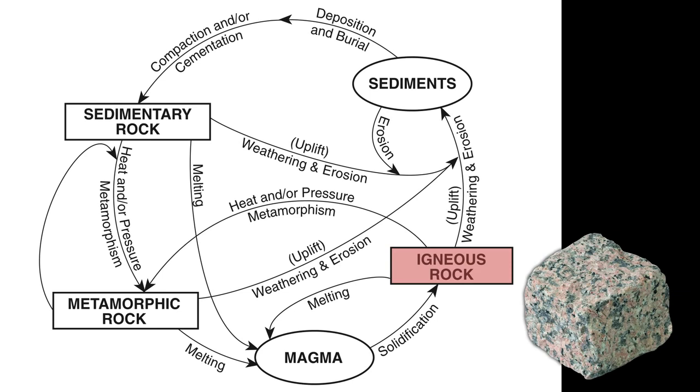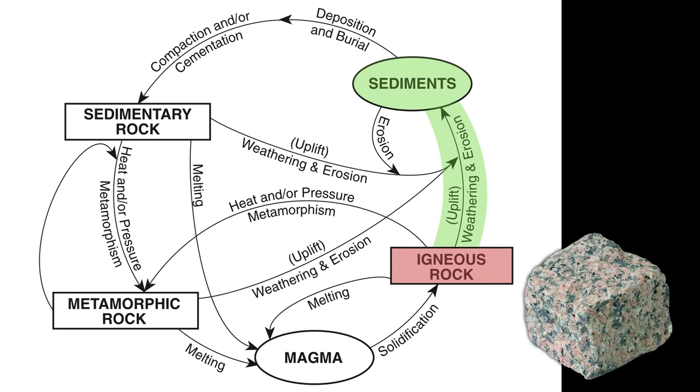And there's a handful of possibilities. The first thing that could happen is our granite could be lifted up, forced up from beneath the ground, where it's exposed to weathering and erosion. The wind, the rain, the ice, these forces break this rock down into little small pieces called sediments. So now our granite has been broken into small pieces of granite.